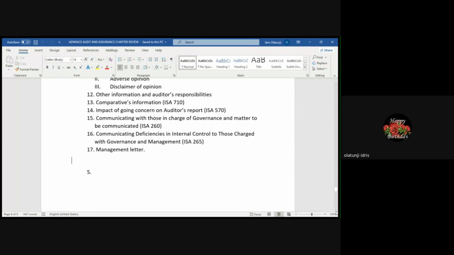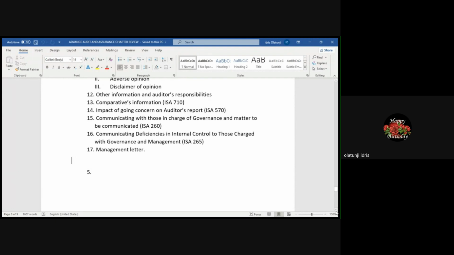Okay. So now, let's move to the second one, which is liability gap. They said the liability gap is the perception that auditor is liable to everyone. That is, it is lack of understanding that auditor is responsible to everyone, so can be sued by everyone. The liability gap is telling us that there is perception that auditor is liable to everyone.